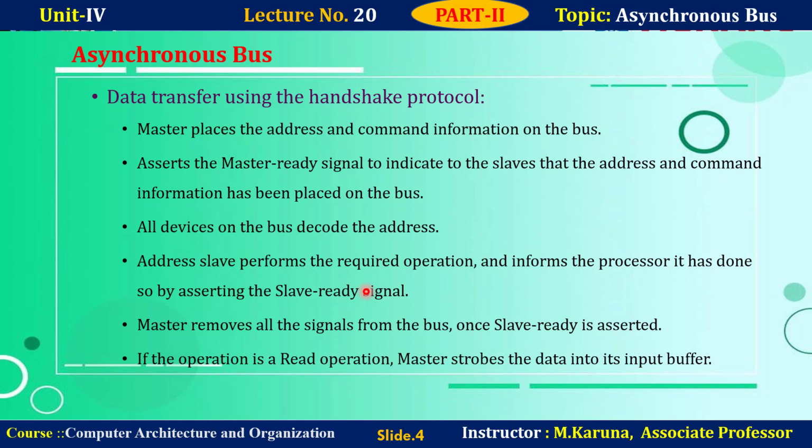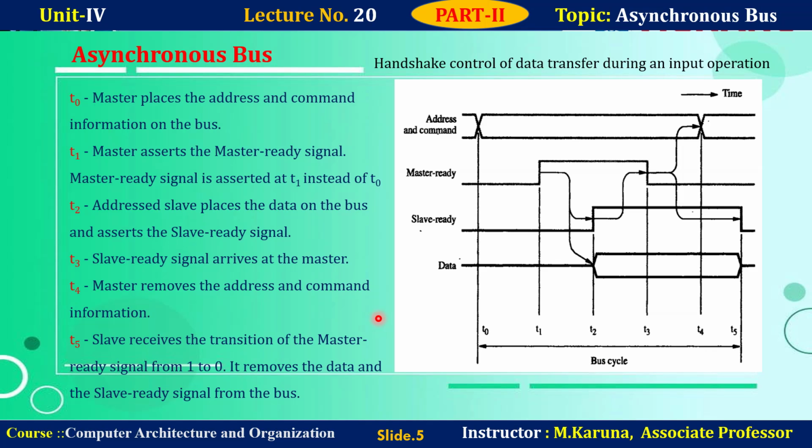Let us see the timing of an input data transfer using the handshake scheme. This is the timing diagram for transferring the data between processor and input device to perform read operation. This bus carries address bits as well as control bits.